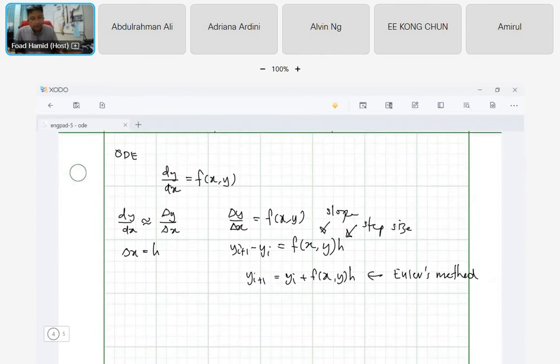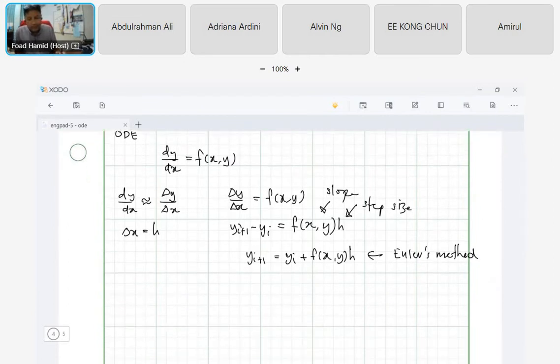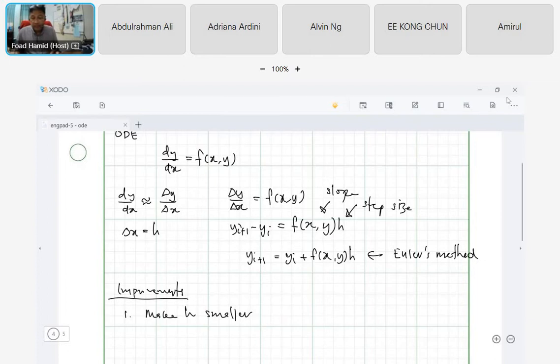So one way to improve is, what are the steps for improvements? One is make h smaller. Smaller h will increase the accuracy.